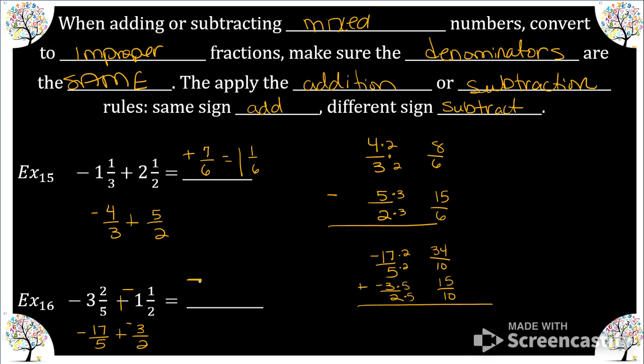And now we are adding because the signs are the same. So 34 plus 15 gives me a negative 49 over 10. If we want to convert that, we get a negative 10 goes into 49, 4 with a 9 left over 10.